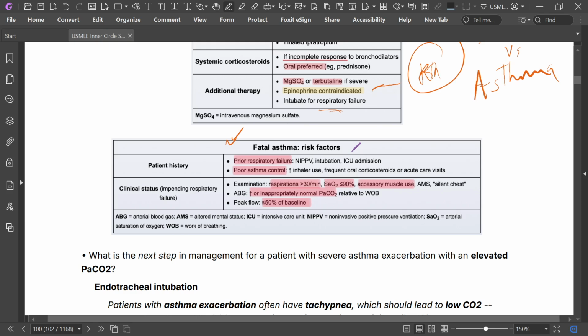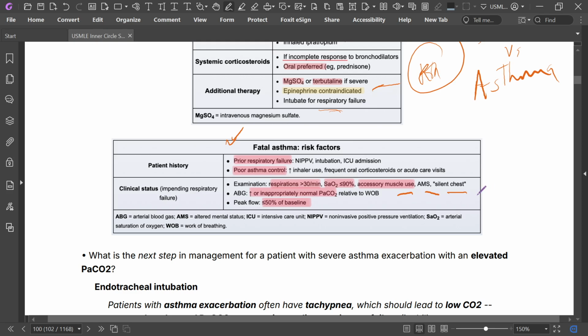Poor asthma control: inhaler use, frequent oral corticosteroid use or acute care visits. Clinical status: respiratory rate more than 30, SaO2 less than 90, excessive accessory muscle use, altered mental status, silent chest. So this is fatal asthma.